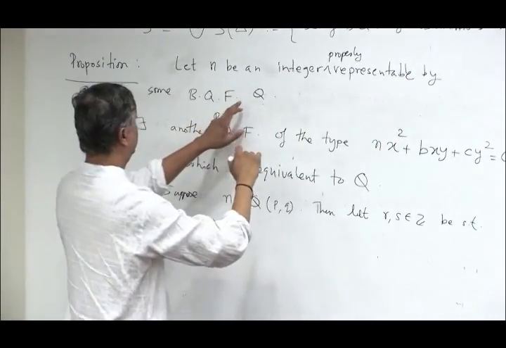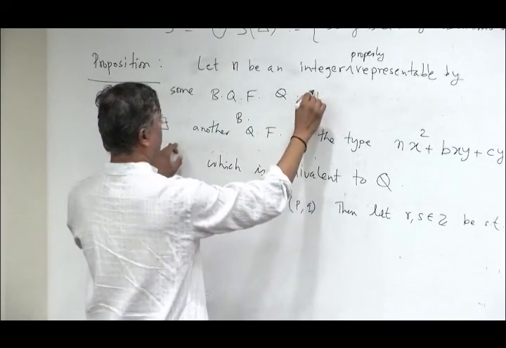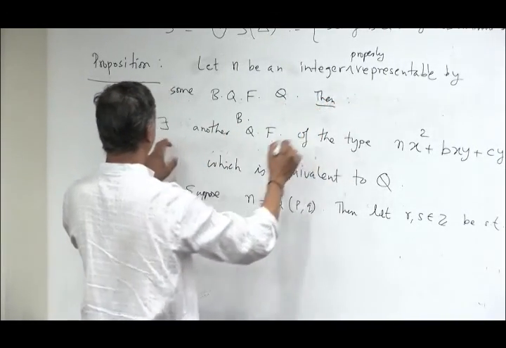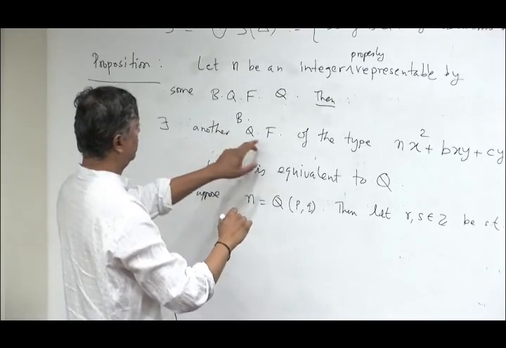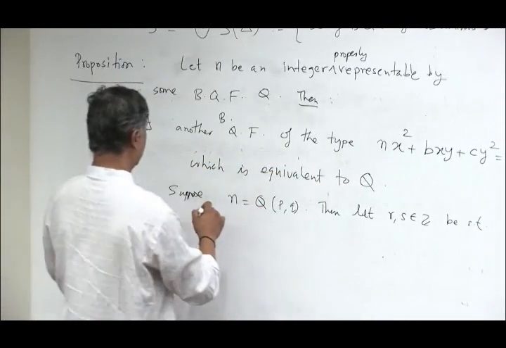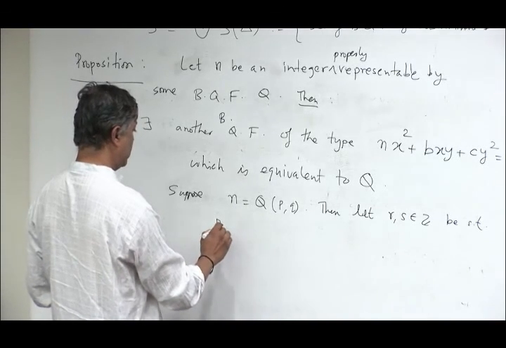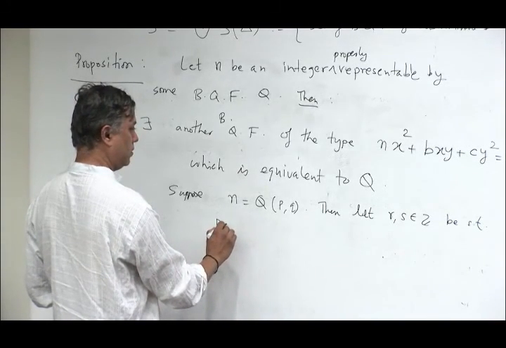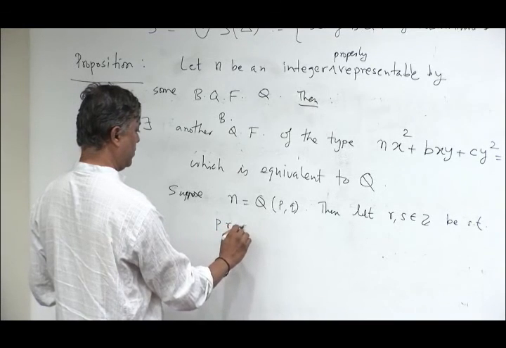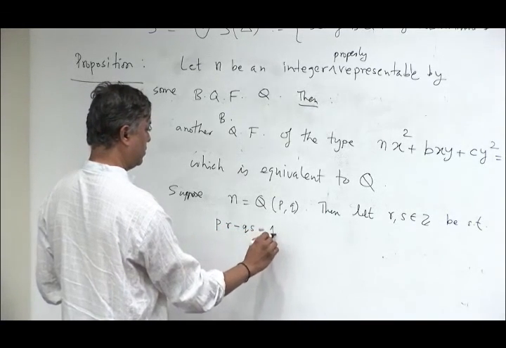Then, sorry, I think I'm not making good statements. Then there exists another binary quadratic form of the type this. Suppose n is this, then let r, s be in Z such that p times r minus q times s equals 1.